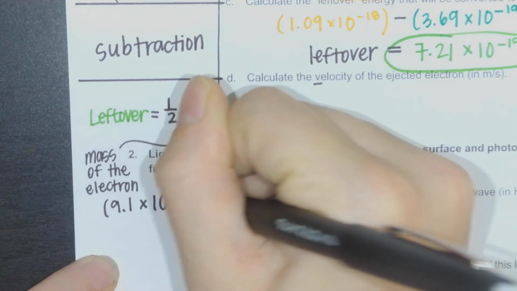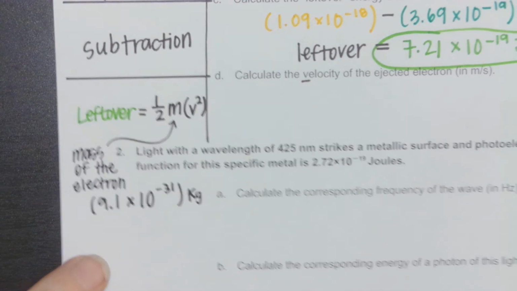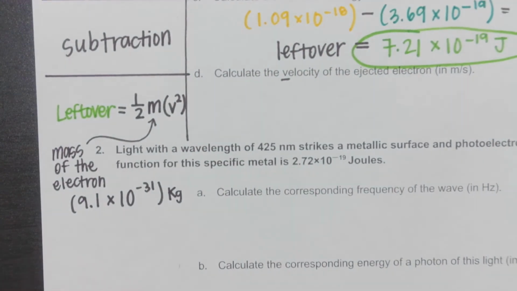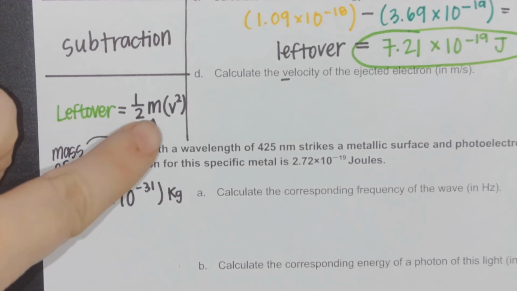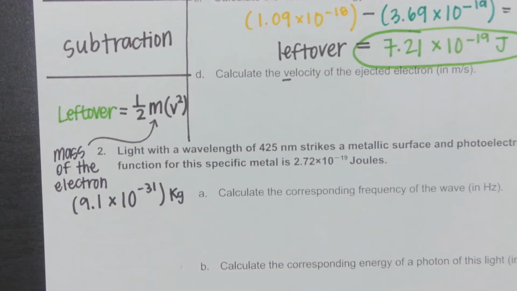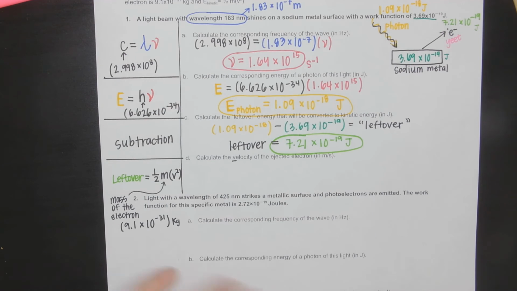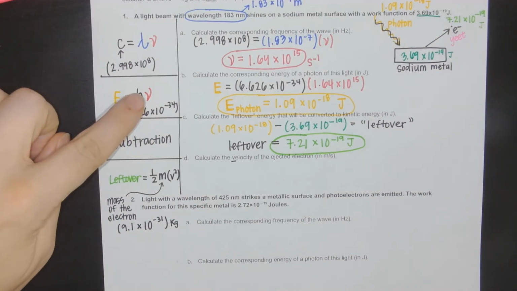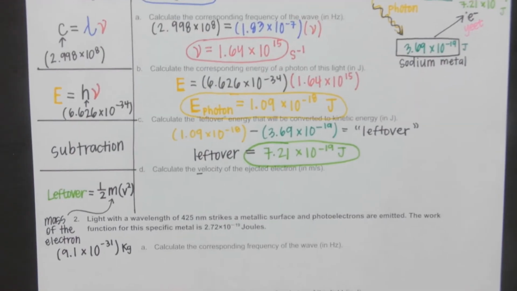This is its mass, if you're wondering, in kilograms, but don't worry about the units, just the math for now. Leftover energy equals 1/2, plug in the mass, and we're going to calculate the v for velocity. Make sure your v for velocity doesn't look like this dabbing frequency up here, or you're going to be in trouble. Don't double wreck yourself.